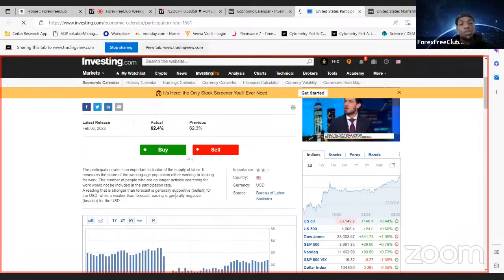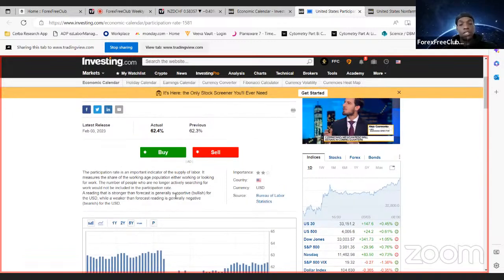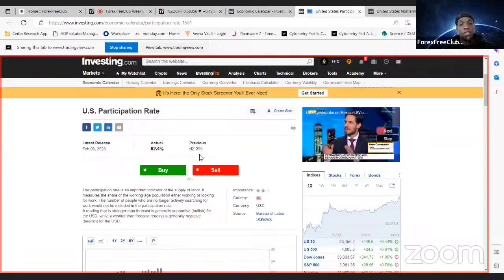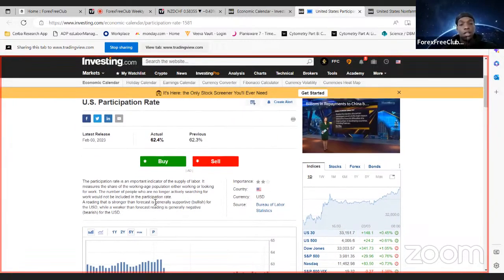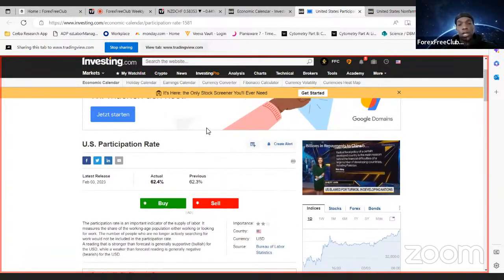A reading that is stronger than the forecast is generally supportive for the US dollar, while a weaker than forecast reading is generally negative for the US dollar. So previous was 62.3, actual 62.4. That was last month. So it went up. So that's supportive for the US dollar last month. So we'll see what happens this month. All right, so we've got private non-farm payrolls.